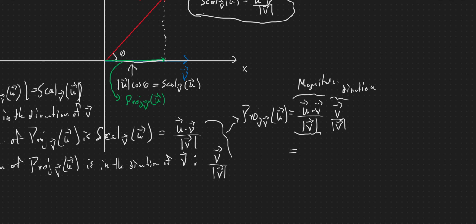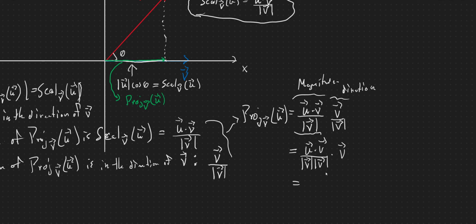And simplifying this a little bit, u dot v is a scalar, magnitude v is a scalar, magnitude v is a scalar. So what I have is a bunch of scalars scaling my vector v. So I have u dot v over magnitude v times magnitude v scaling my vector v. So here I have a vector, and this is a scalar. Now magnitude v times magnitude v is magnitude v squared, which, if you remember from an earlier video, is v dot v.